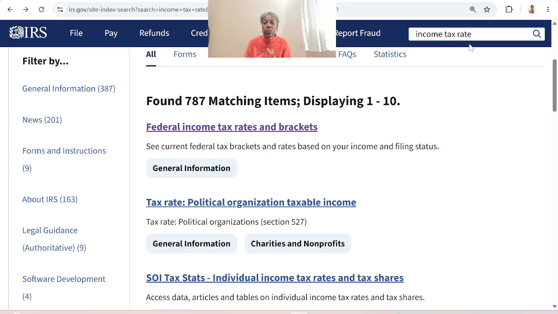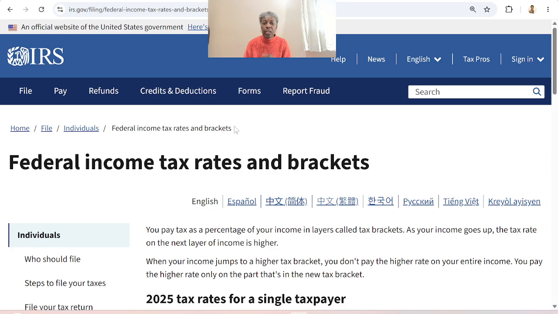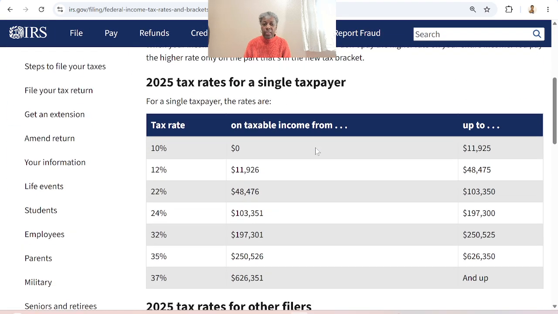The simplest way is to pull your 1040 and look for your gross income on it, and search on the IRS website for income tax rates, and open it.